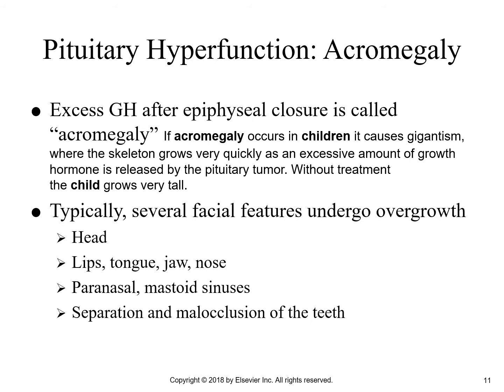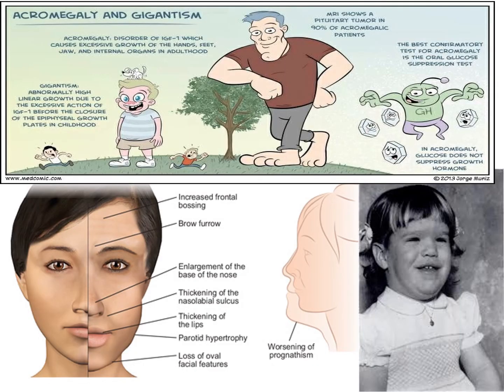Typically, several facial features undergo growth, like the head, lips, tongue, jaw, nose, paranasal, and mastoid sinuses, and there may be separation and malocclusion of teeth. This is just some pictures here that explain acromegaly and gigantism, and you can look at these on your own.